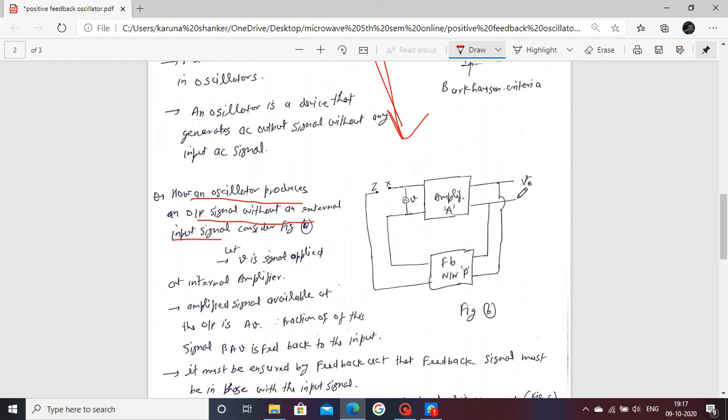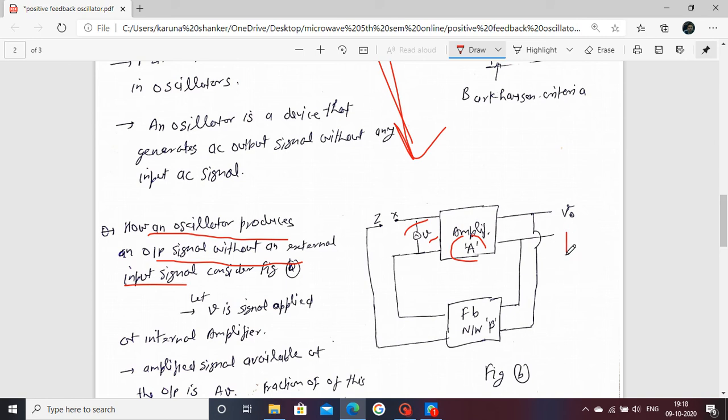Now the output comes on the output side: the signal small v multiplied by your gain, A multiplied by small v, is the output. Again, this is fed back to the input of the feedback network.